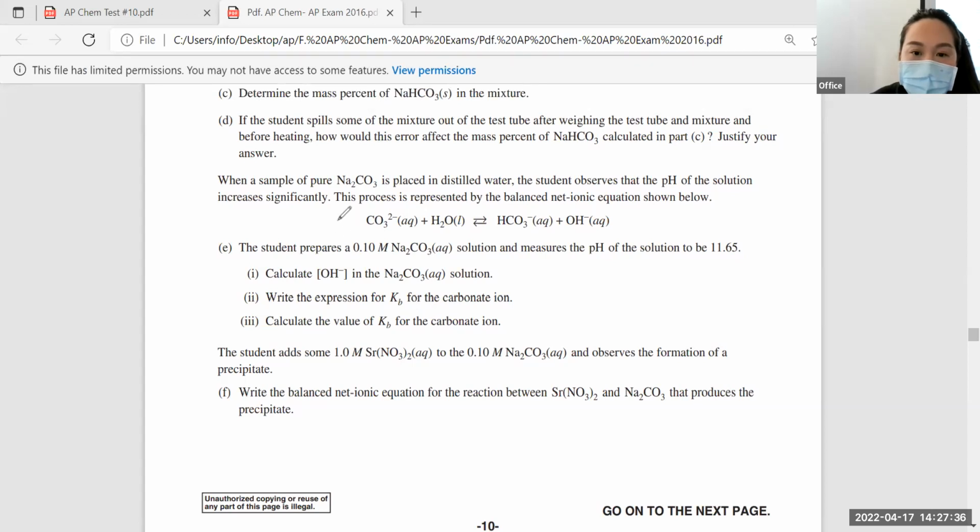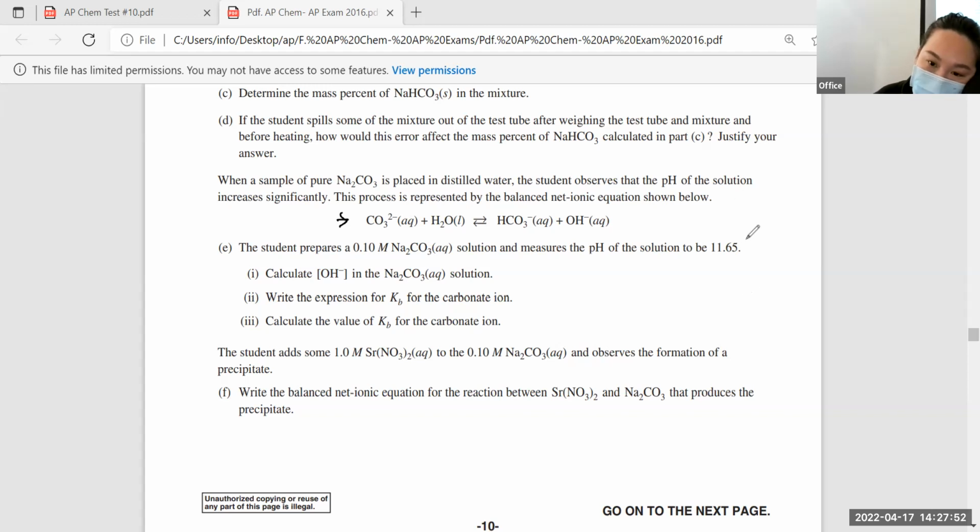The student prepares a 0.1 molar sodium carbonate solution and measures the pH of the solution to be 11.65. Calculate the hydroxide concentration in the sodium carbonate solution.